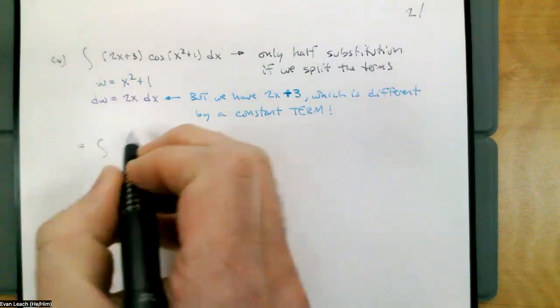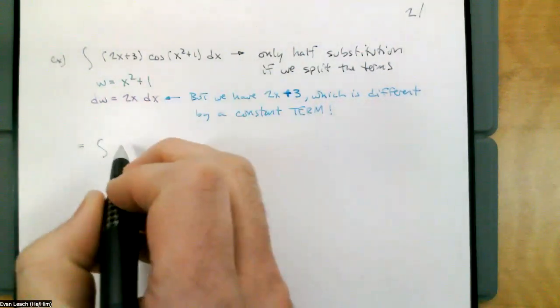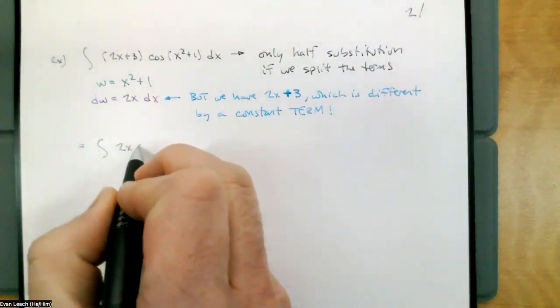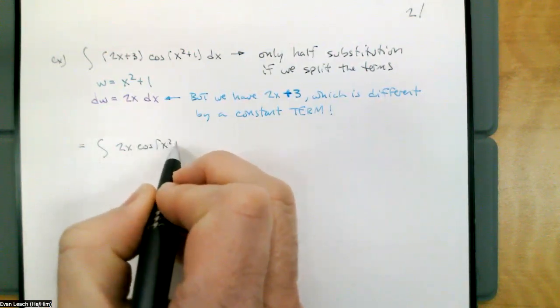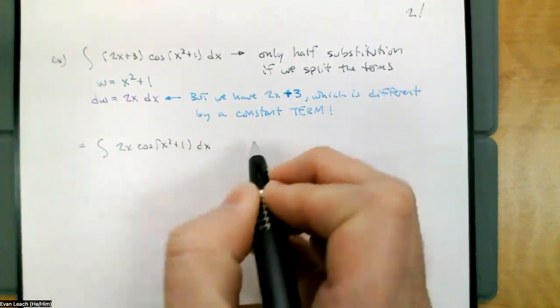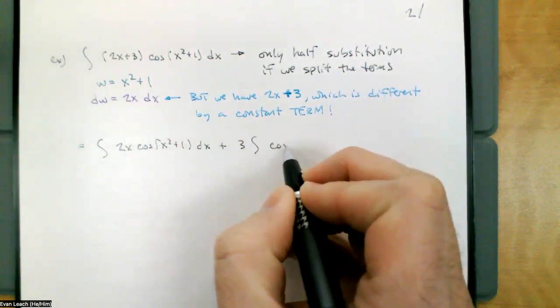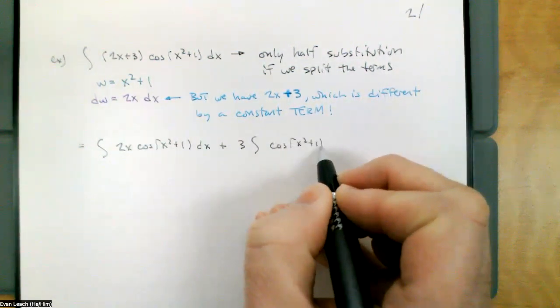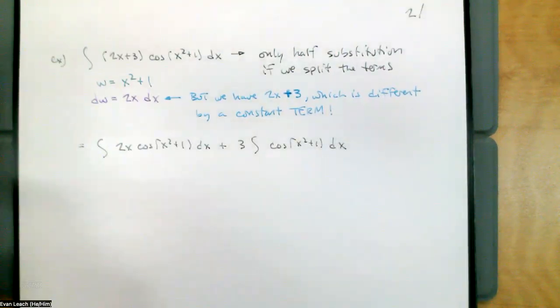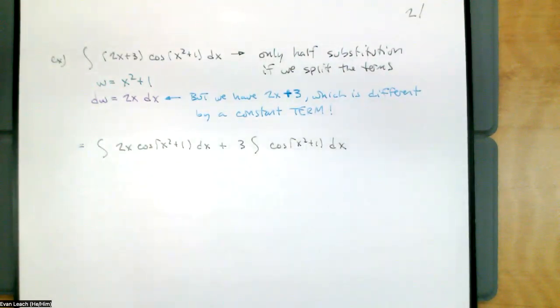So I could split this into two integrals just with the distributive property. This could be the integral of 2x times cosine of x squared plus 1 dx, plus 3 times the integral of cosine of x squared plus 1 dx. So here, this first one is substitution.